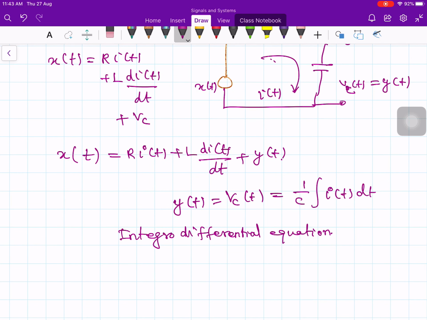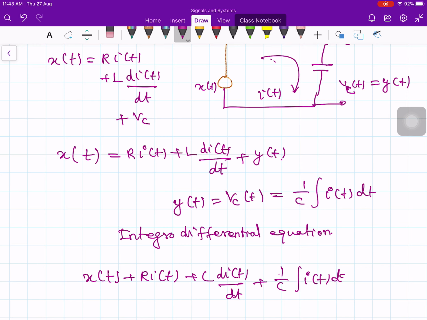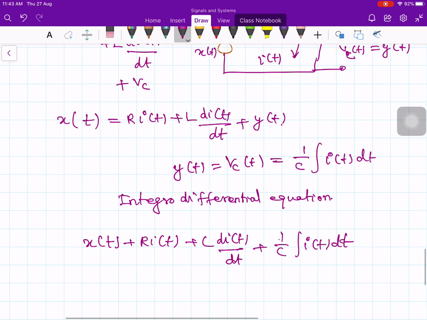So x of t, where x of t is, let us say, Vi of t, equals R times I of t plus L times di of t by dt plus y of t, where y of t is 1 by C integral of I of t times dt. Then you solve this differential equation.